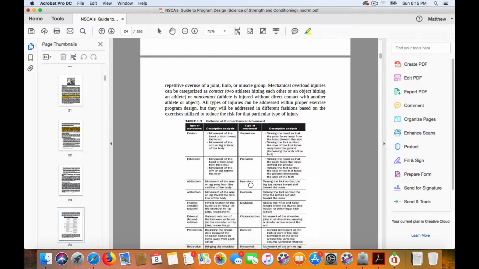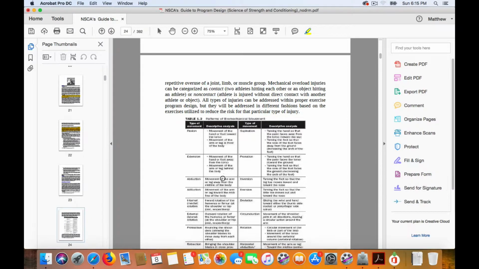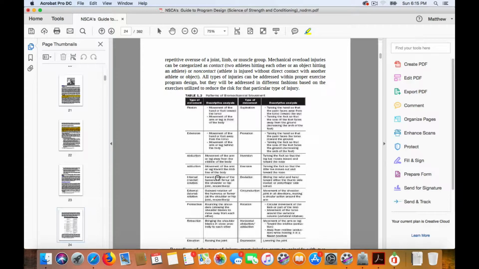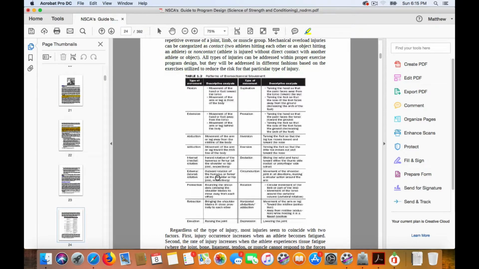So going through the difference of different patterns of biomechanical movement, understanding these are really important. Internal rotation, external rotation, protraction, retraction, elevation, depression of the shoulder blade. You've got rotation, circumduction. So each joint structure has a fair amount of variance in the movements.